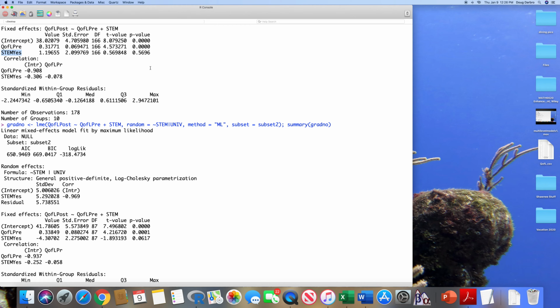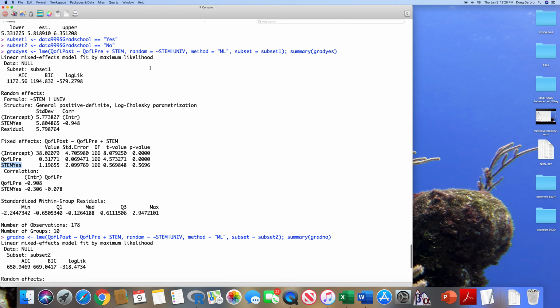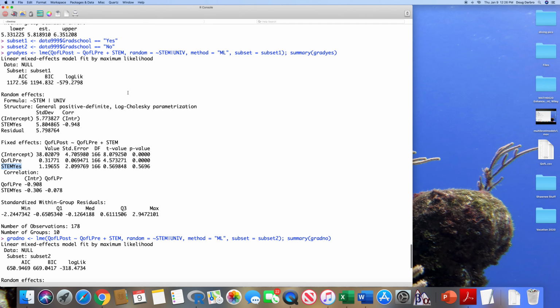So people who are in STEM scored higher on the quality of life than those who were not in STEM for the ones who intend to attend grad school.